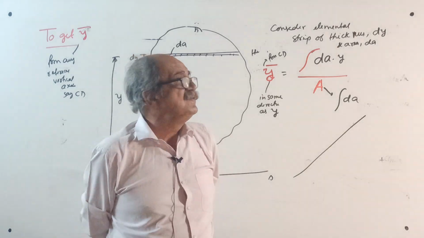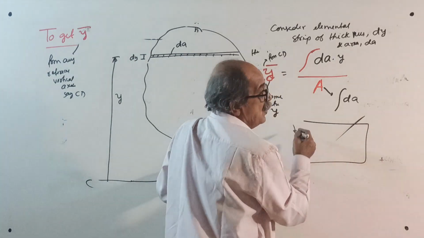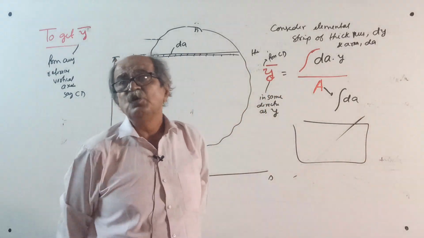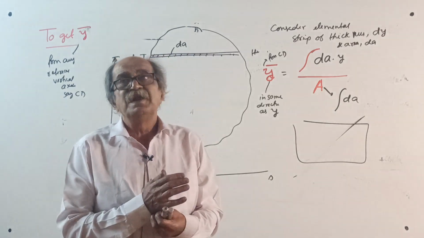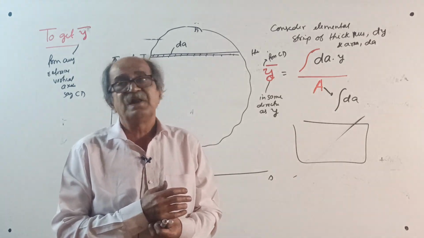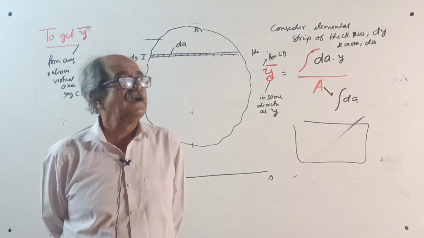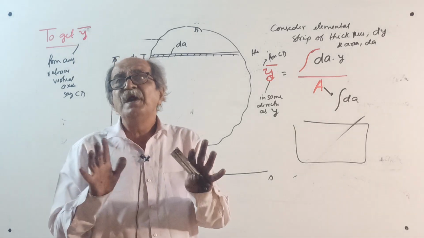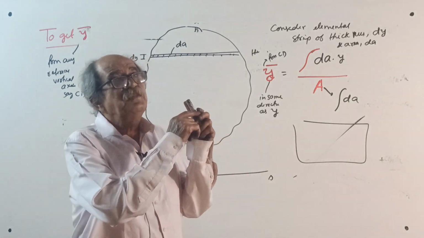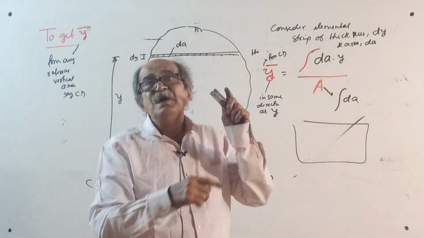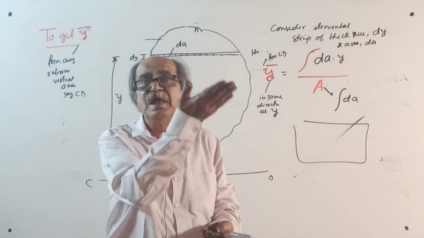Lastly, whenever I can divide into a known number of parts, I will go for summation: A1 x1, A2 x2, A3 x3, and so on, and for y bar, A1 y1, A2 y2, A3 y3, and so on. Whenever I cannot divide into a definite number of parts, I go for integration. x bar is the integral of dA into x, and y bar is the integral of dA into y.